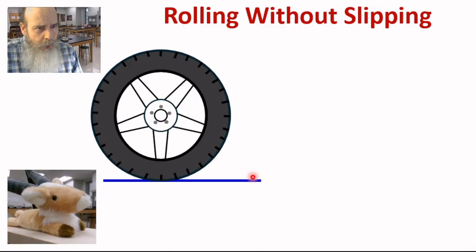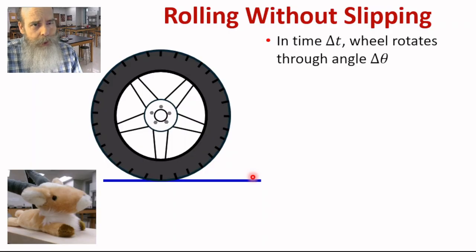When the wheel rotates on the surface and it rolls, and there's no relative motion between the wheel, the point of the wheel in contact with the road, we say that the wheel is rolling without slipping. Here I want to find the conditions under which the wheel rolls without slipping, and that's the condition under which we can use static friction for the force of friction.